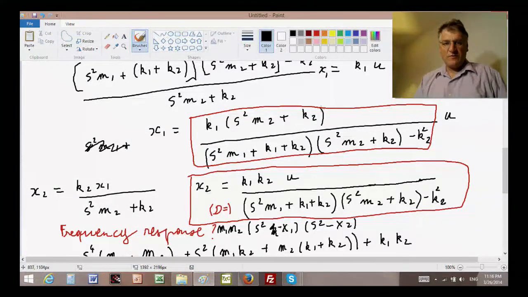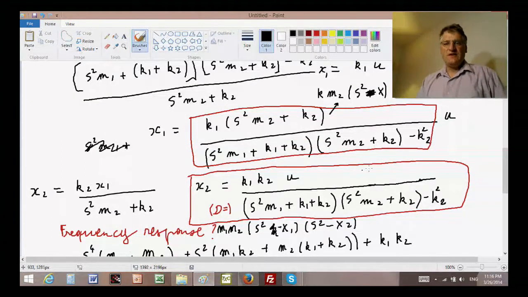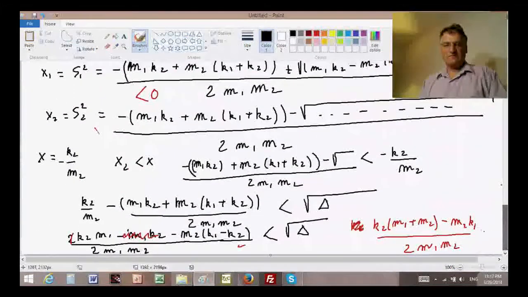This term is the same at the bottom, and here becomes K M2 times S squared minus X. The order is as follows.